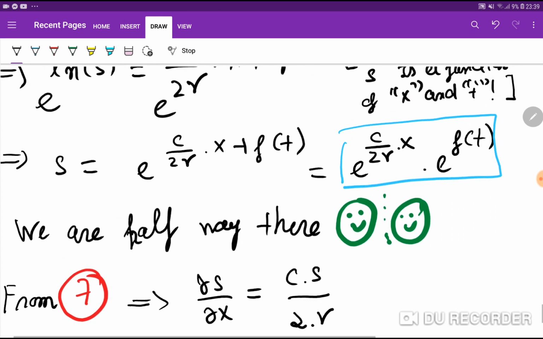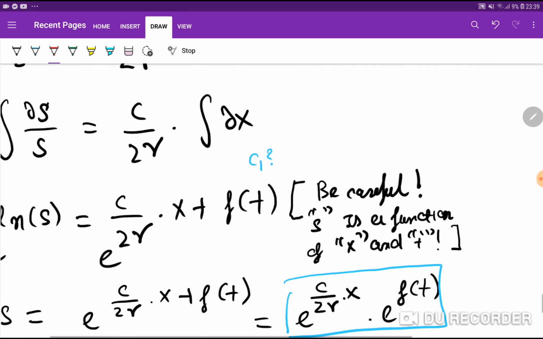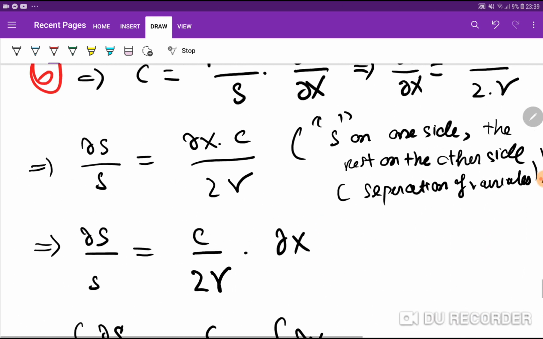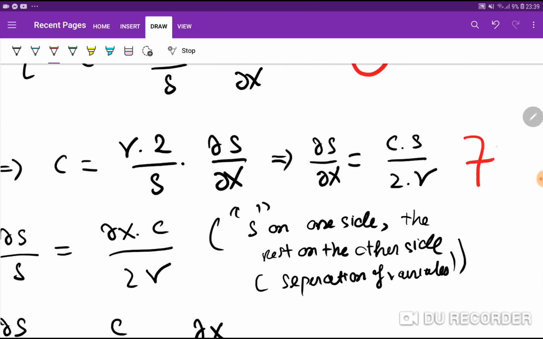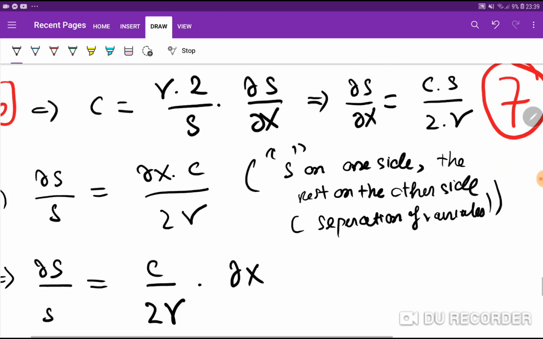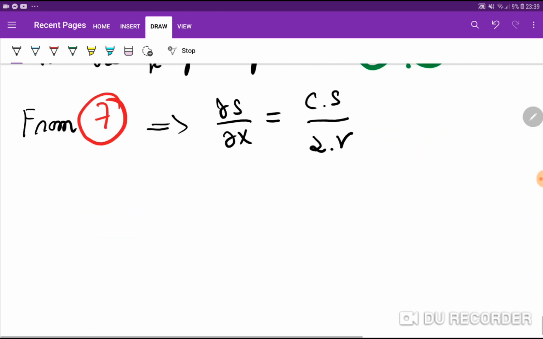My bad, guys. So I should put a 7 right here. The 7 represents the partial s with respect to x. So this is from 7. You can calculate the terms and then plug into 5. Okay, my correction. We use 5 and 6 to solve for the full equation. So we use 7 to compute the term and then plug into 5.